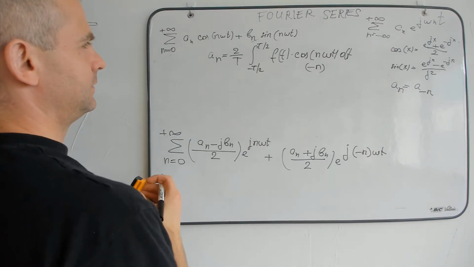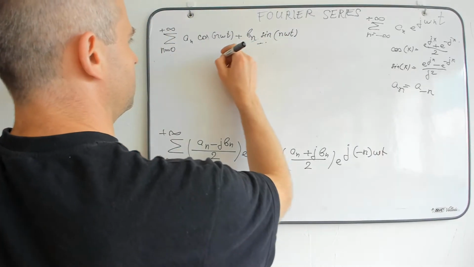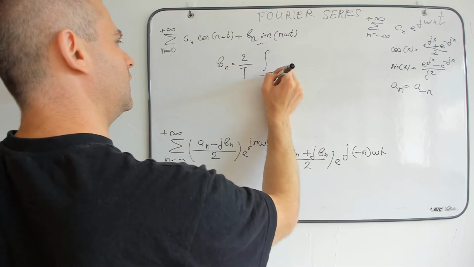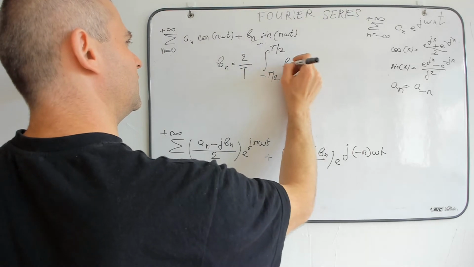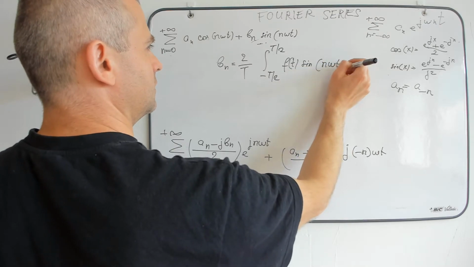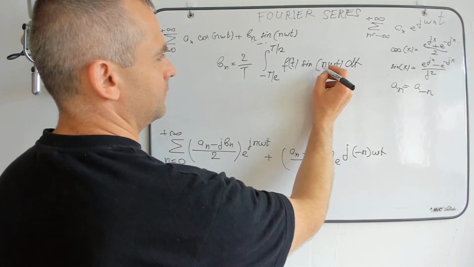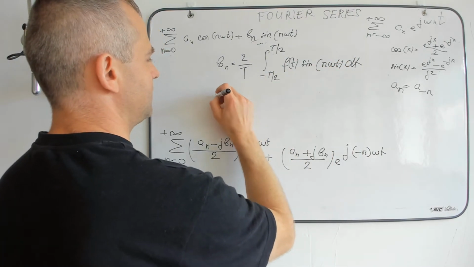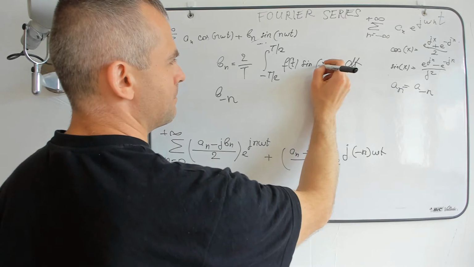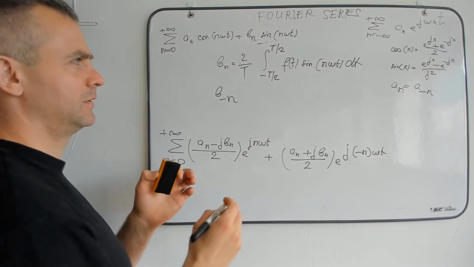For bn, it's the same logic. bn is an integral as well, but with a sinus. So if I replace the n by minus n, I will get sinus of minus something, which gives me minus sinus of something.